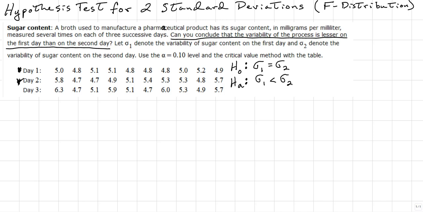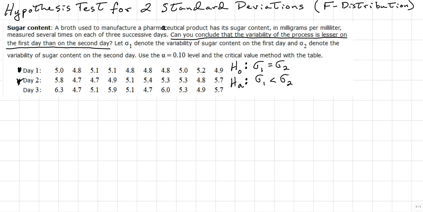Because the test for two standard deviations is extremely sensitive to the assumption of normality. And if the population differs even slightly off of a normal distribution, we shouldn't use this particular test. But that's what we're going to do in this particular problem.